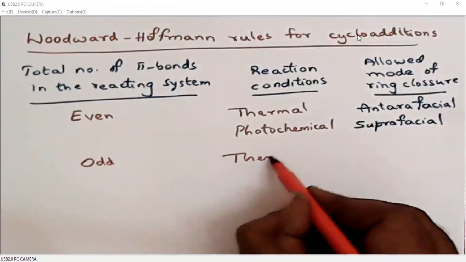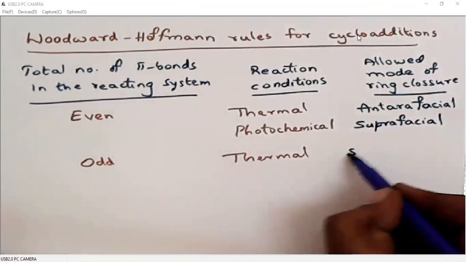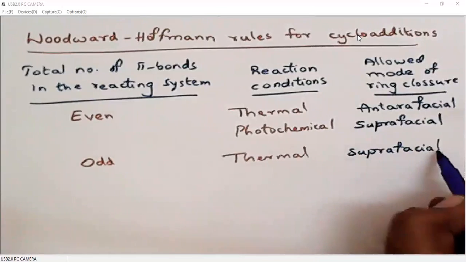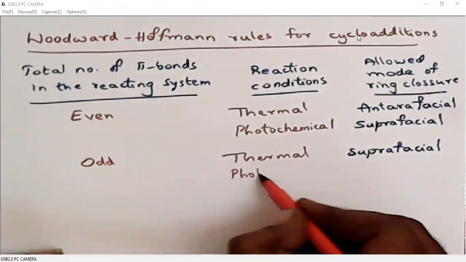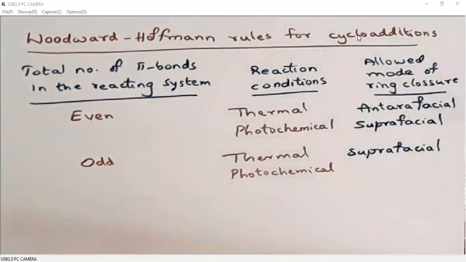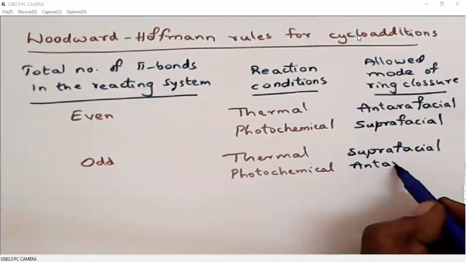Under thermal conditions, it is a suprafacial bond formation. Under photochemical conditions, it is the reverse. It is antarafacial bond formation.